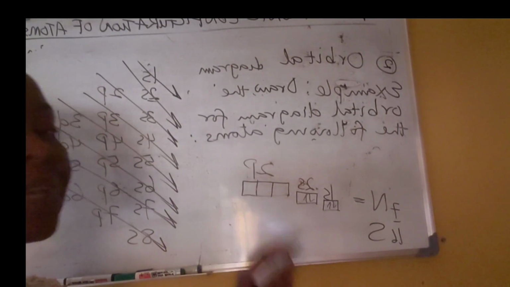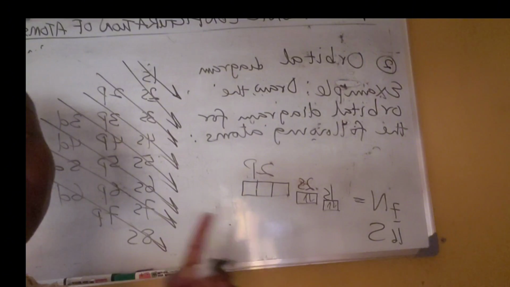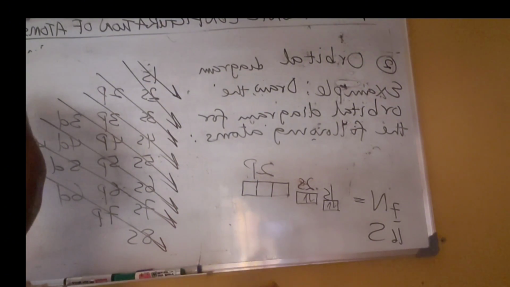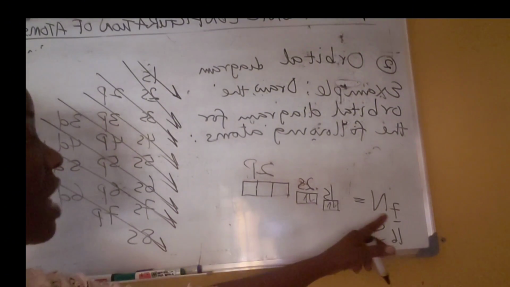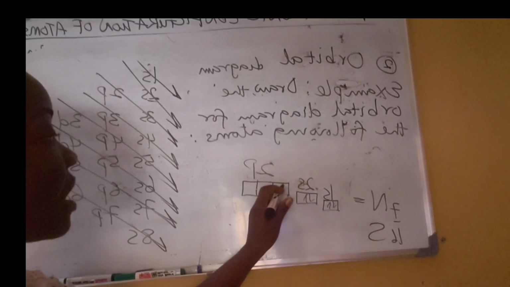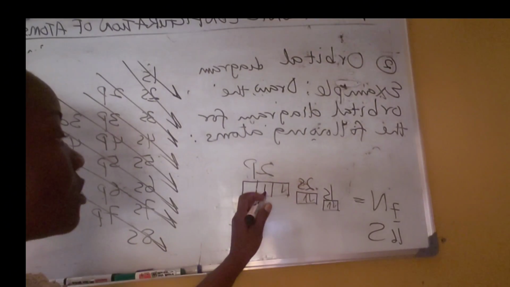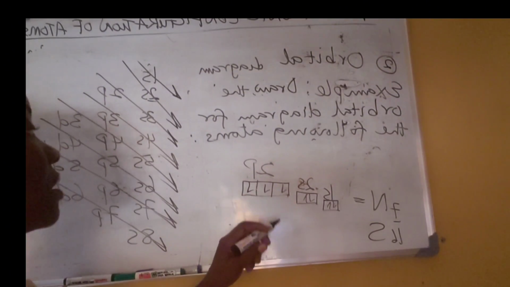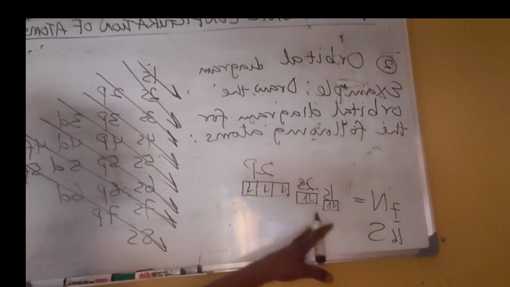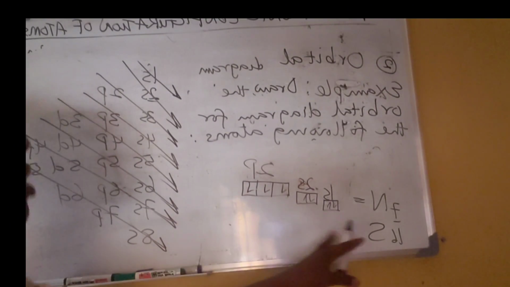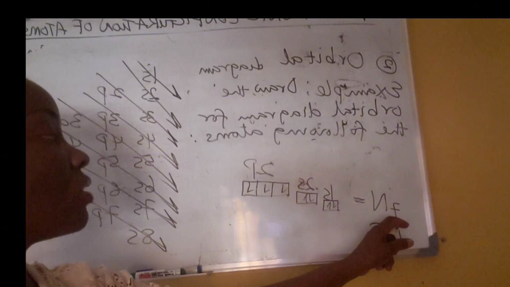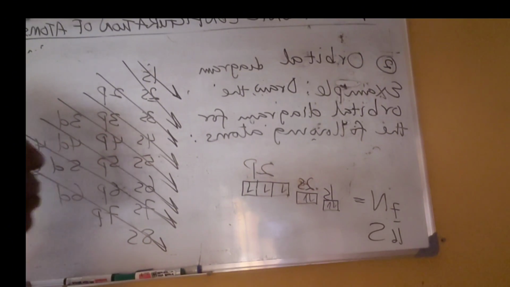So when you come here, you fill it singly first. You give them one electron first before you start pairing them. Since we have 3 electrons left, we give this one 1, this one 1, and this one 1. This way, we've been able to represent the electronic structure or diagram for nitrogen.